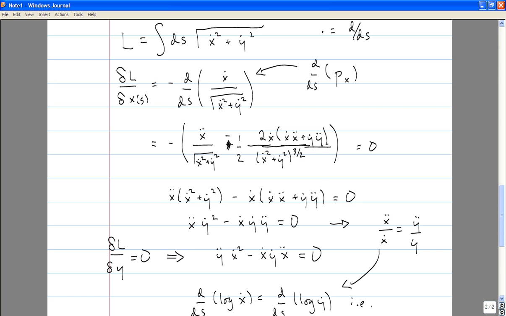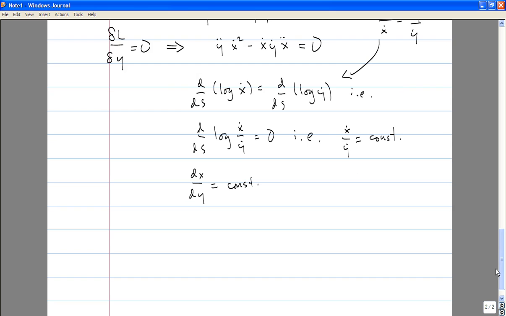Right? So remember that the momentum conjugate to x is the derivative of the Lagrangian, which in this case is the square root of x dot squared plus y dot squared, with respect to x dot, which is x dot over the square root of x dot squared plus y dot squared. And because the Lagrangian is independent of x, this is a constant. And likewise, the momentum conjugate to y is a constant.